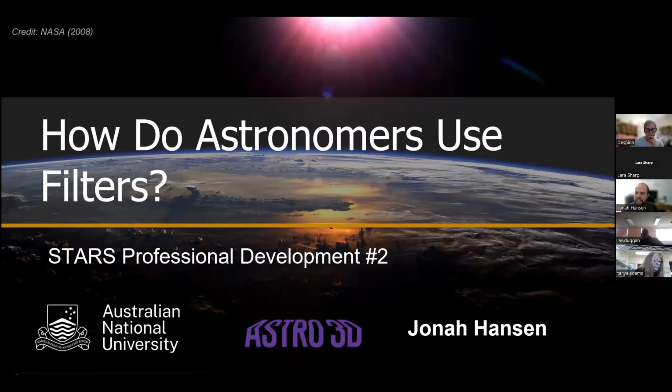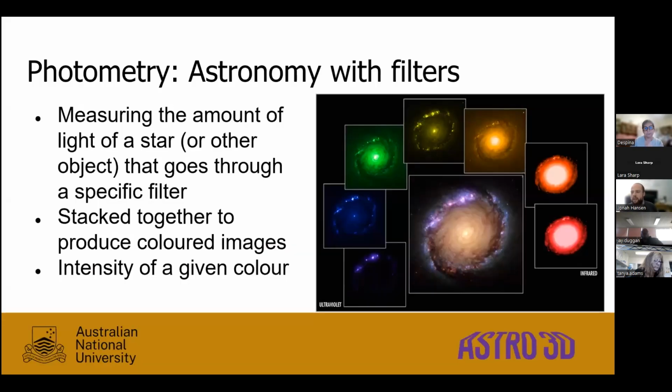In particular, the main use of filters is something called photometry. Now, you've probably seen lovely pictures of galaxies and things from telescopes like the Hubble Space Telescope. But the thing is that most astronomy telescopes don't actually take colored images. They take grayscale images.